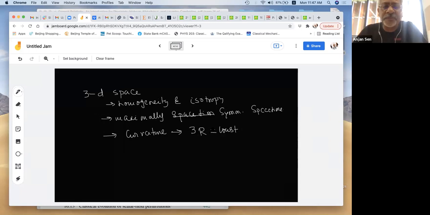And that we also expect from homogeneity, because the universe is homogeneous at all points. Each point has the same properties, and so the same curvature. So if you calculate the space curvature, it should be constant everywhere.